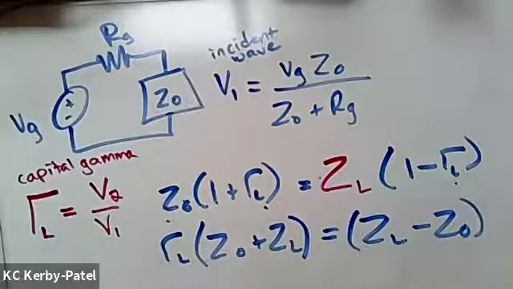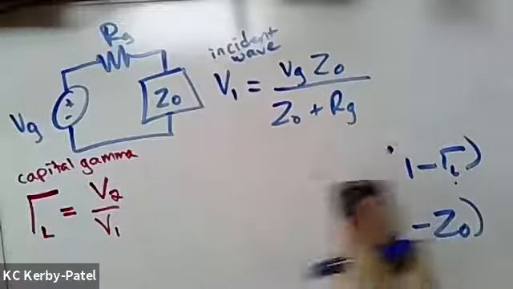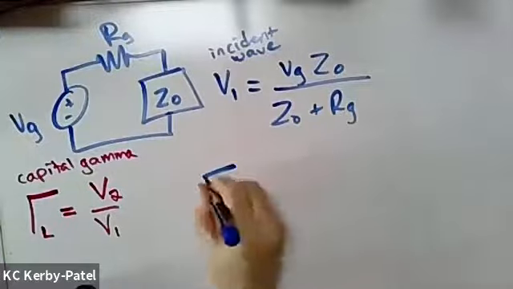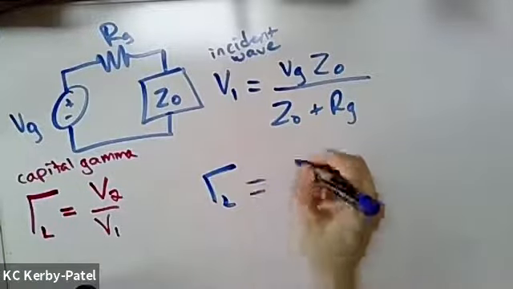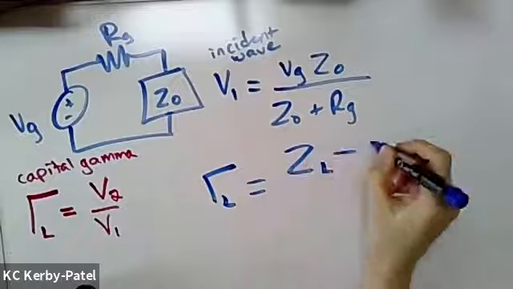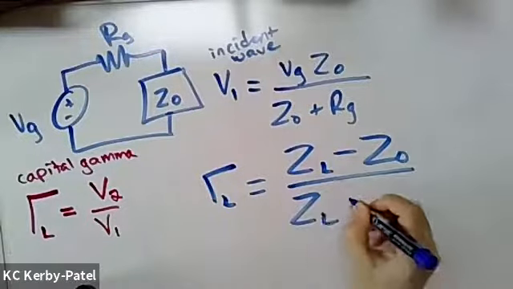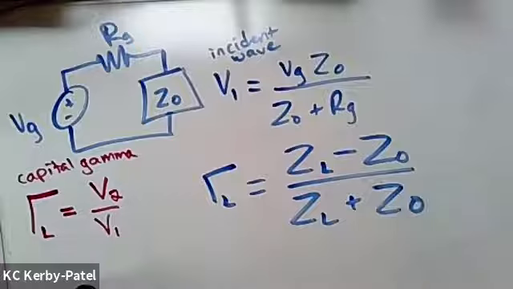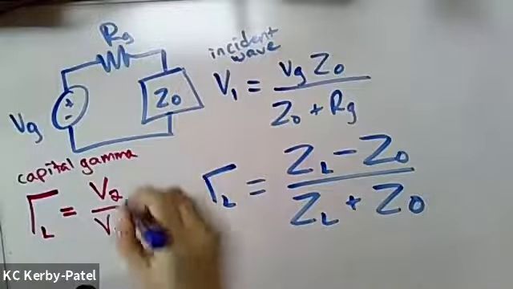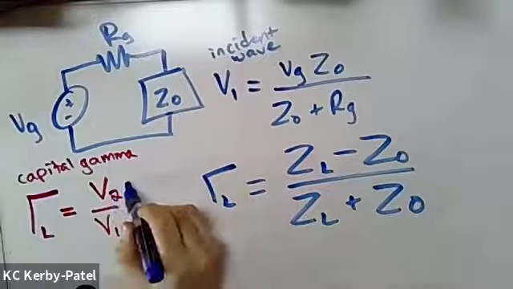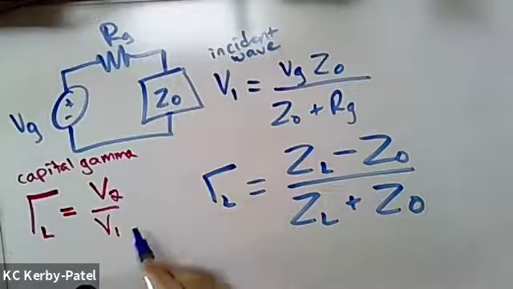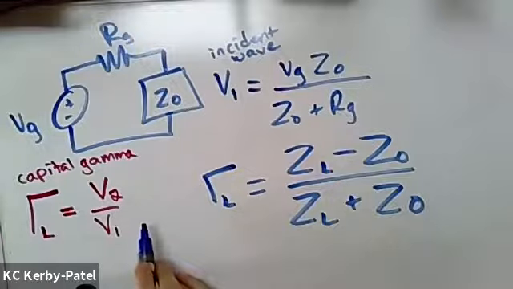And if I divide everything through, I end up with the load reflection coefficient is the load impedance minus the characteristic impedance divided by the sum of those two impedances. And this is the relative amplitude of the reflected voltage compared to the forward-going voltage.